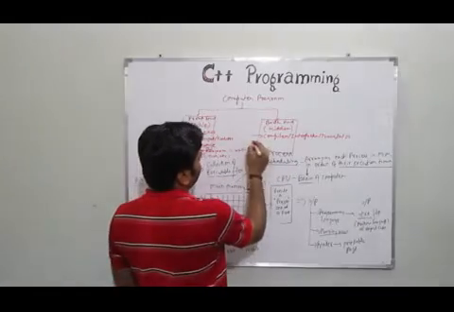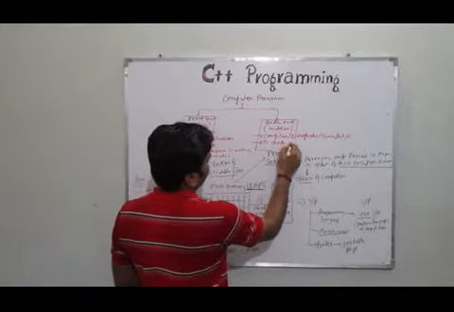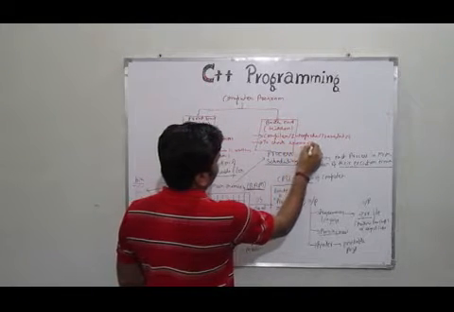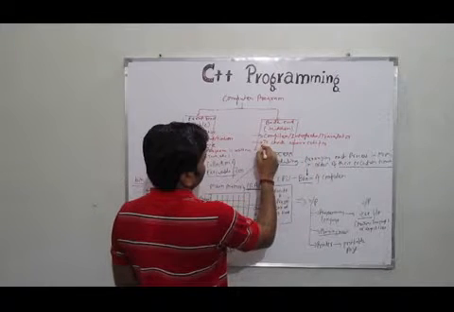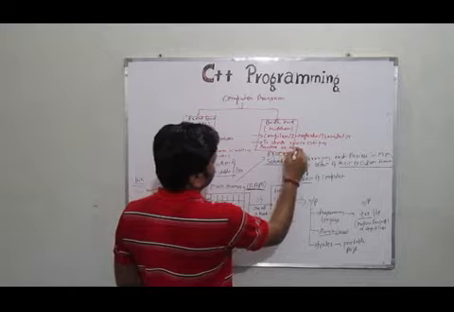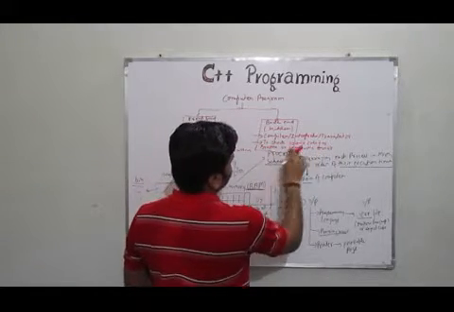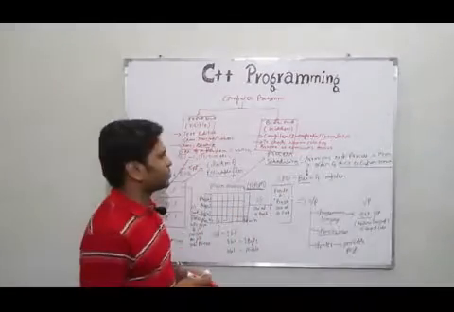The compiler has a task to check the source code for syntax or semantic errors. What exactly the syntax or semantic errors are, we will discuss in our coming lecture.